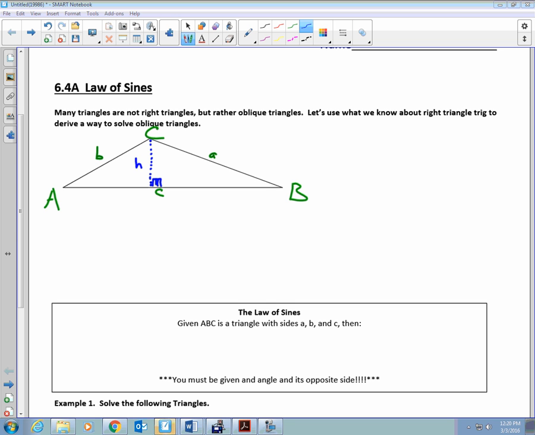So, who can tell me what is an expression for the sine of A? H over B. What is an expression for sine of B?